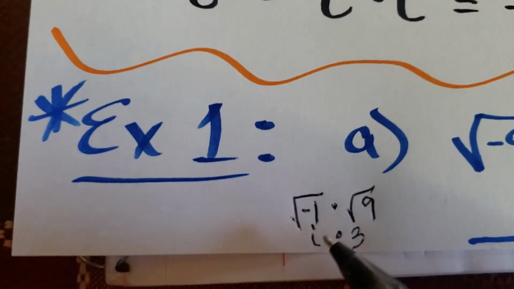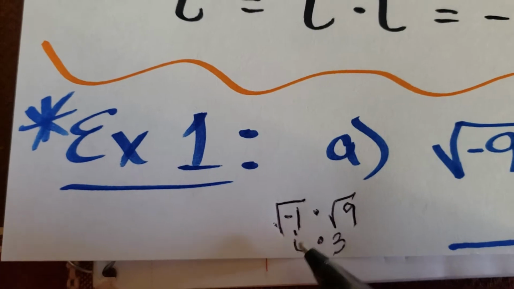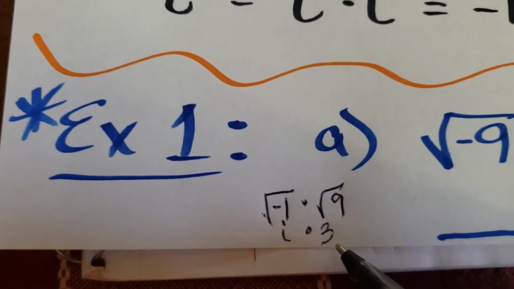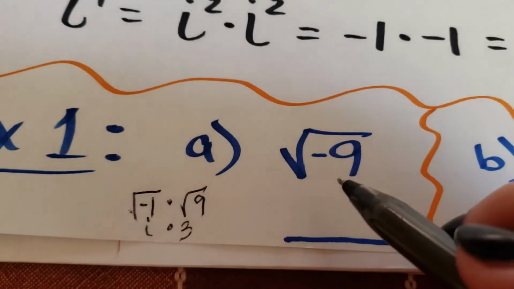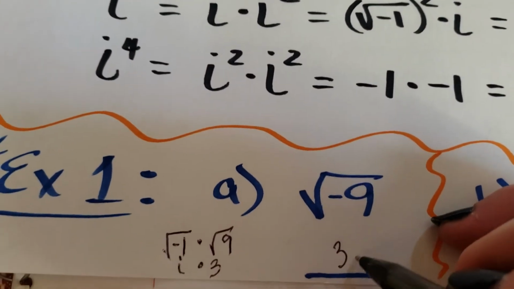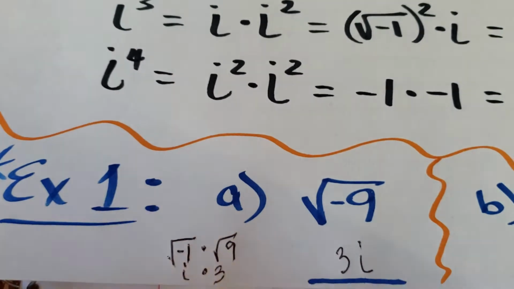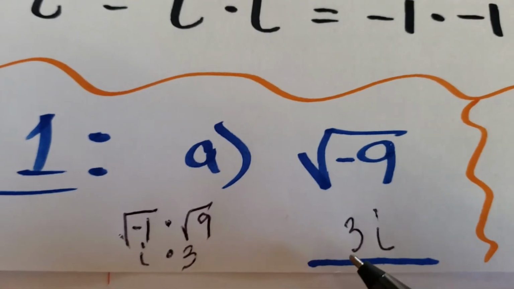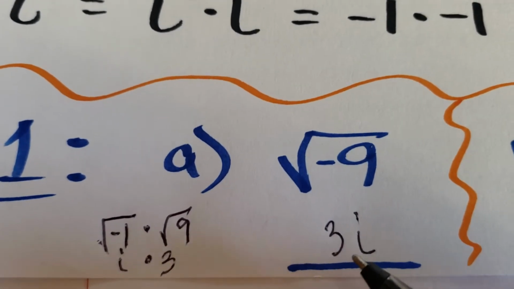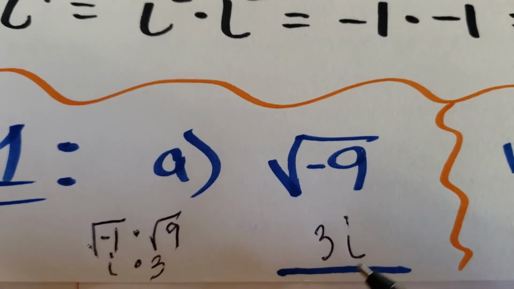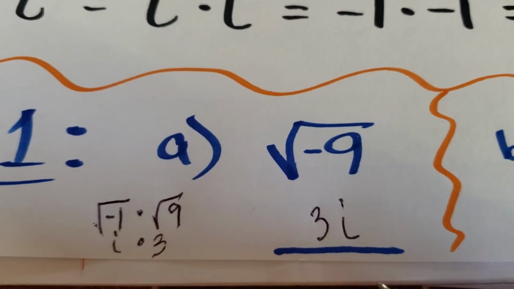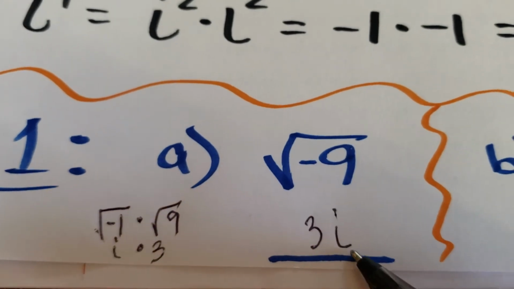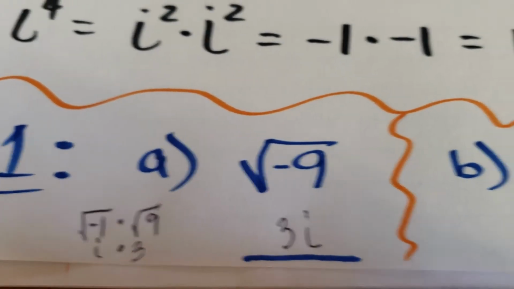So when we simplify this, we have i times 3, or in other words, the square root of -9 would be 3i. And it would be written as if it was a variable. If this was 3x, we'd write it as 3x, or if it was x times 3, we would still write it as 3x. Same with i. So this represents our imaginary 3, and the i appeared because the negative was under the root.